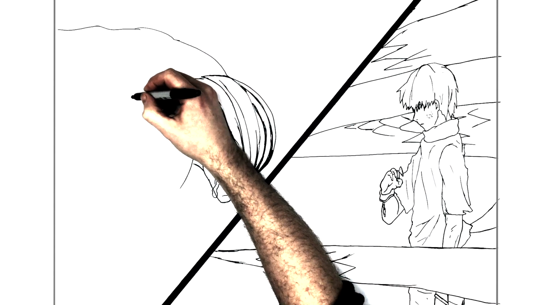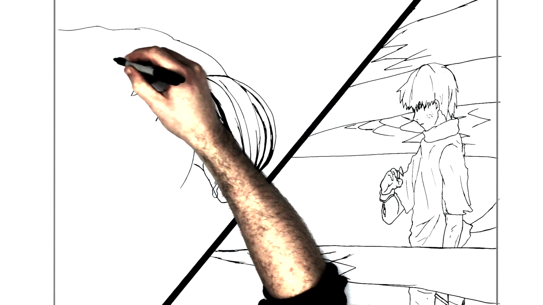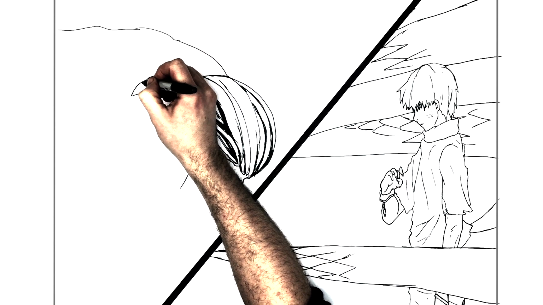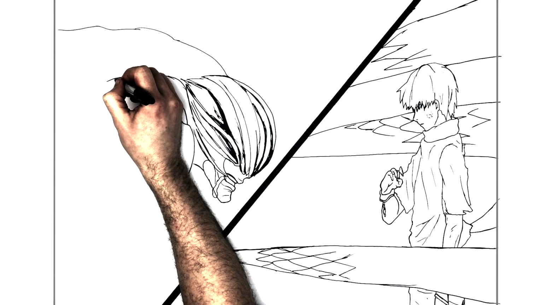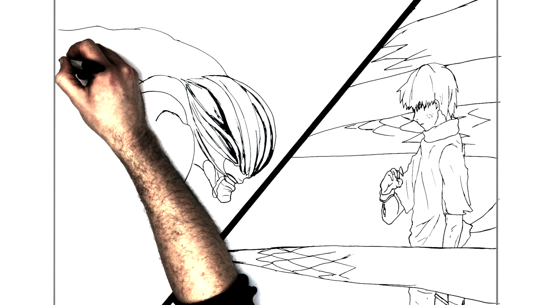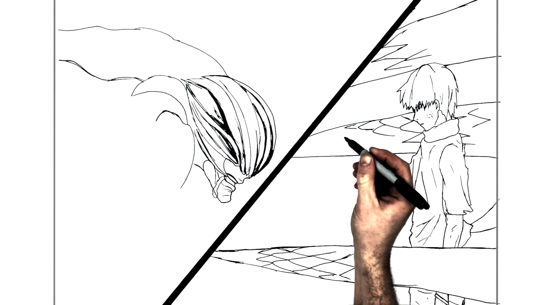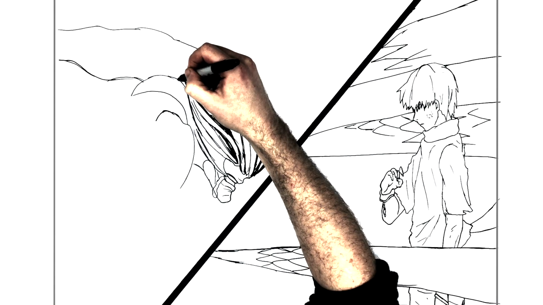And again, we have some more sort of curling, spiking parts. And then it goes kind of up this way and around his back. Like so.